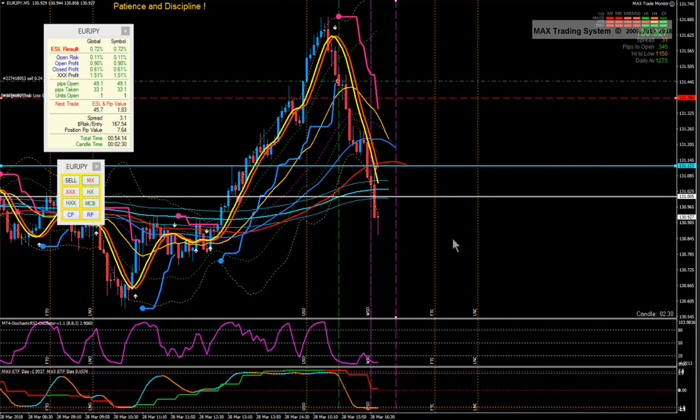A reversal bar is, for example, such a candle here, which we call a pin bar. Another one is, for example, such one we call a doji-like bar.